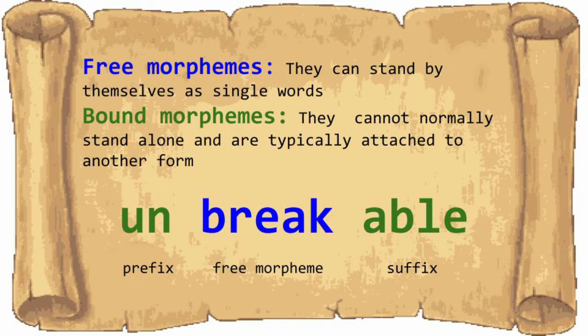There are also bound morphemes, which are those forms that cannot normally stand alone and are typically attached to another form. These forms are called affixes. So we can say that all affixes in English are bound morphemes.